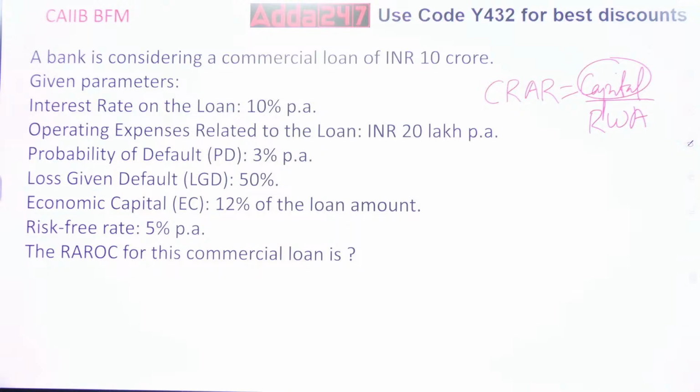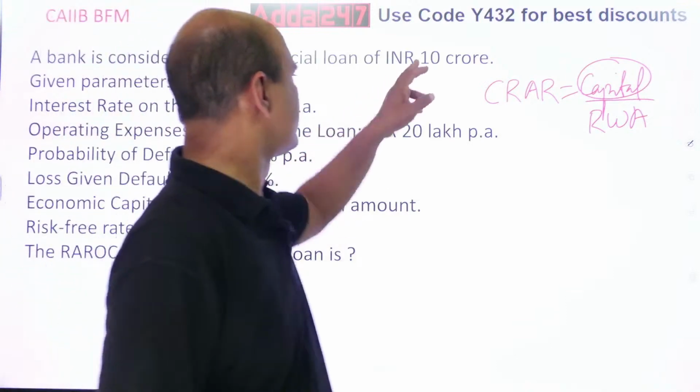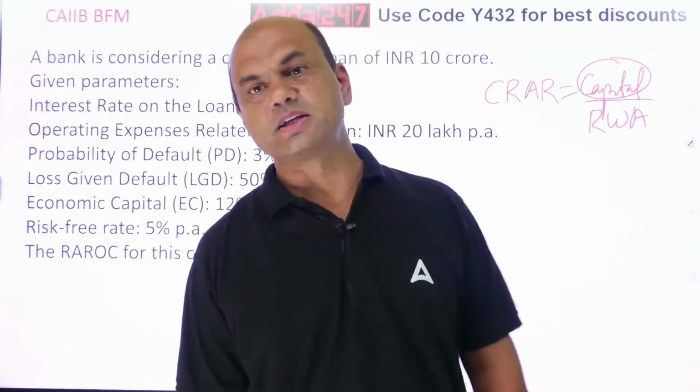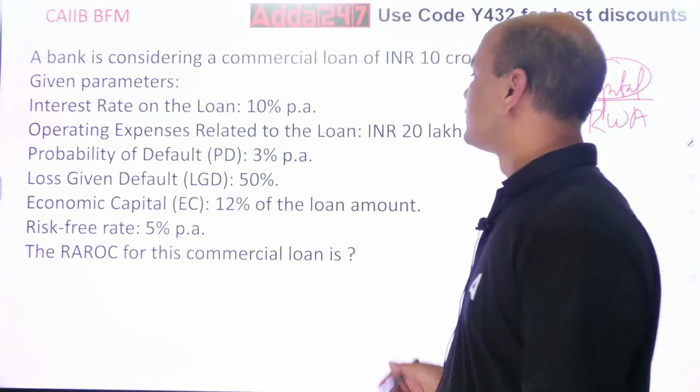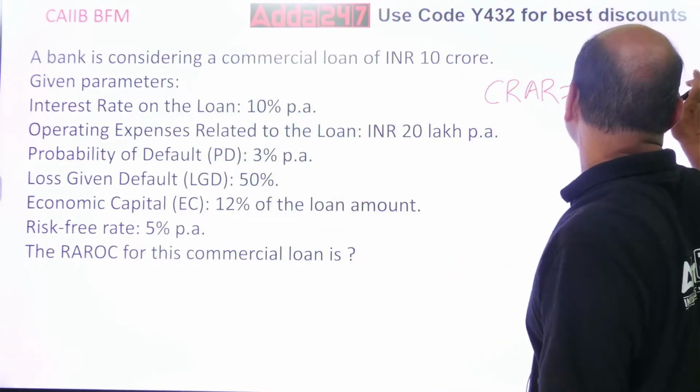LGD, loss given default, is also given as 50%. So kindly note, expected loss is always PD into LGD into my loan amount. So 3% into 50% into the loan amount. Find this.